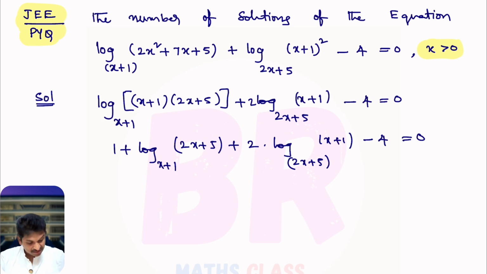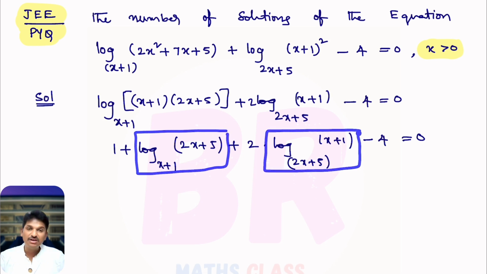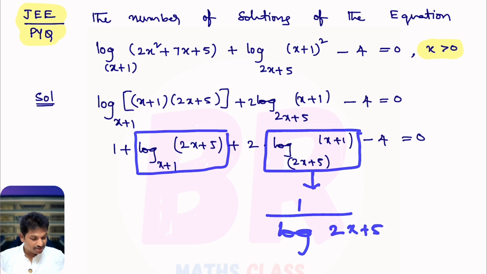You observe this logarithm of 2x plus 5 base x plus 1, and logarithm of x plus 1 base 2x plus 5. How can I write this? I can write it as 1 divided by logarithm of 2x plus 5 base x plus 1. Now you see these two are similar, right?